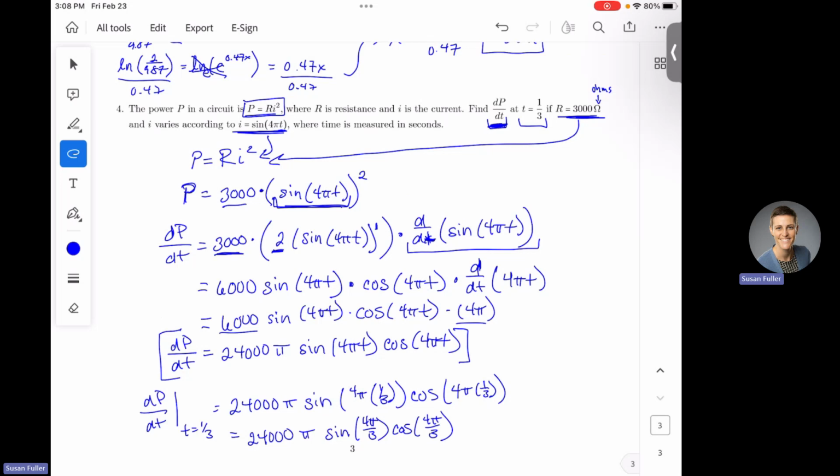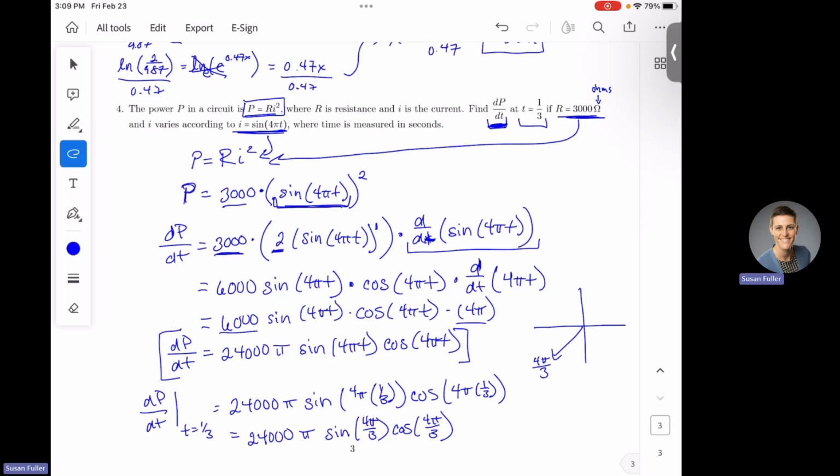And now we just have to do some trig. Okay, 4 pi over 3. That lives down here. This is a pi over 3.